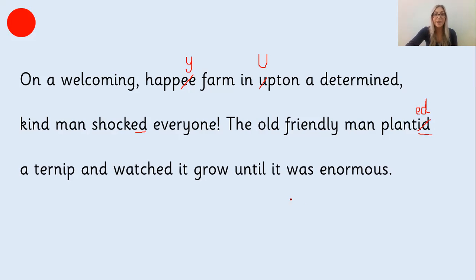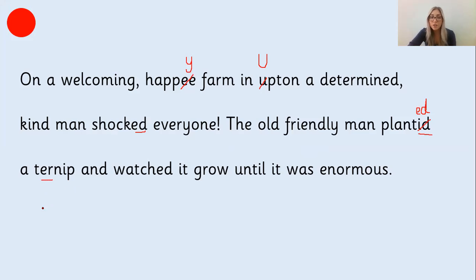Okay, let's read that sentence back. The old friendly man planted a turnip. Turnip. Okay, so I've sounded it out correctly, but what looks like it could be wrong in this word? What looks wrong in this word? Is it our special friend? It is, isn't it?